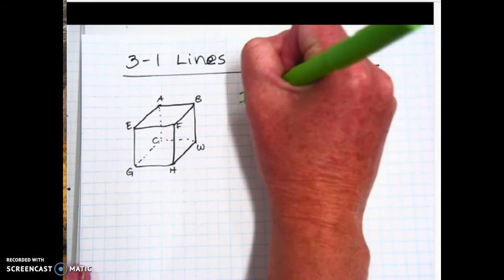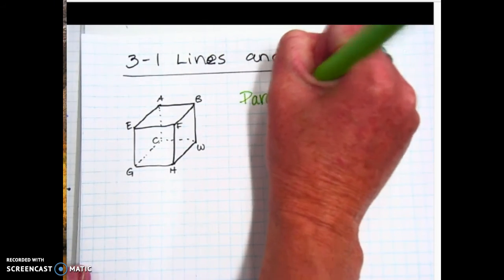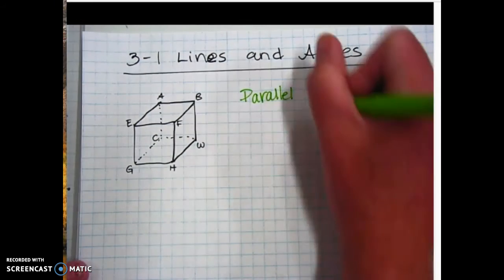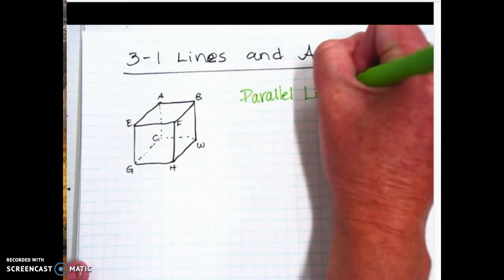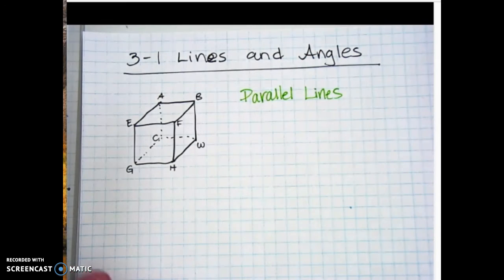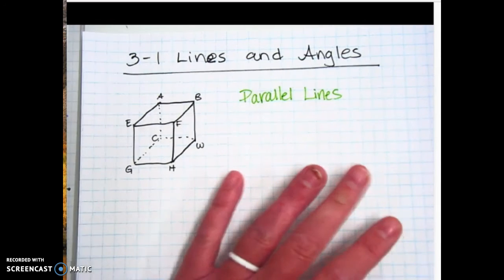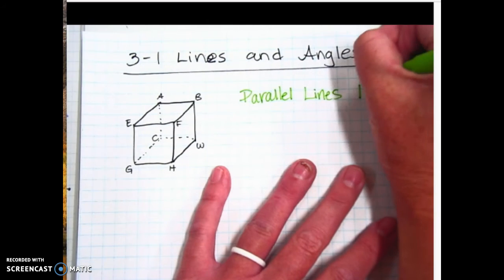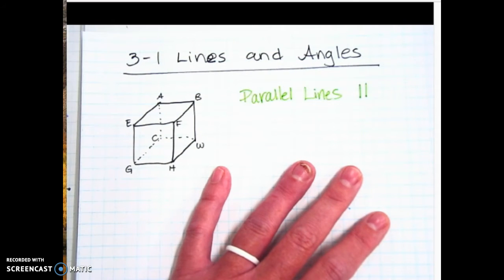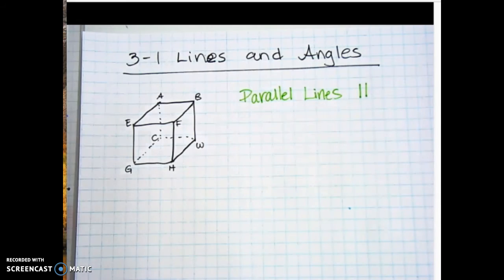Okay? So some of the words you're going to see and you're going to be asked to identify in this section is parallel lines. And most of you have heard of parallel lines before. You just may not have seen the symbol. The symbol is basically two sticks next to each other like that. Okay? So there are several pairs of parallel lines.